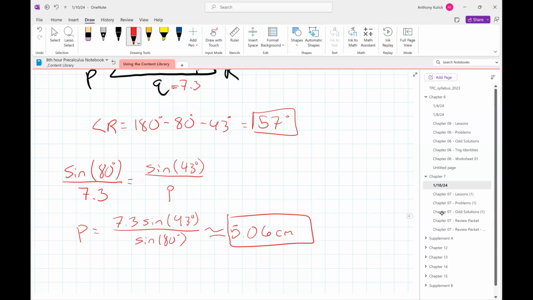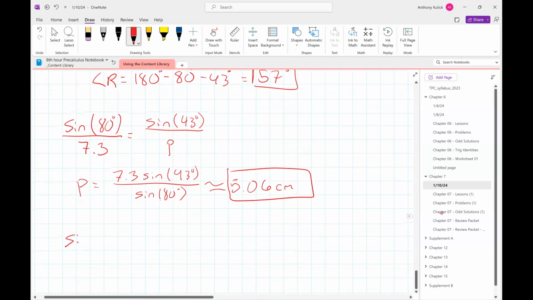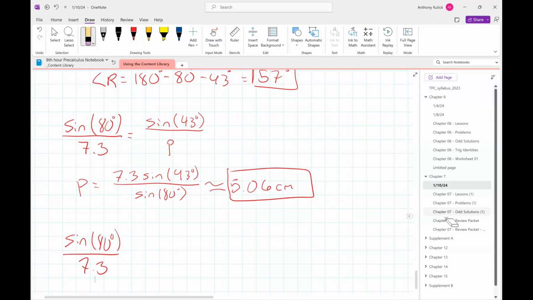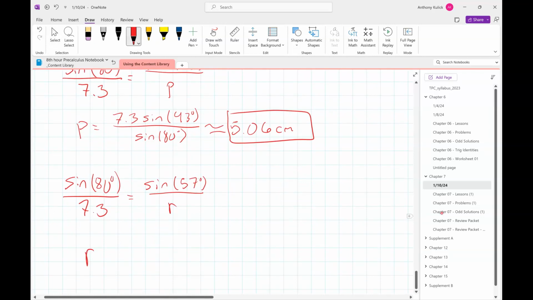To find side R, I'm going to repeat the same process. So again, I'm doing sine 80 over 7.3. I especially don't want to switch here because both those values were given for me, so I definitely can't have screwed that up. And then I'm going to have sine of 57 over R. And again, I cross multiply and divide. So I have 7.3 times sine 57 divided by sine 80.